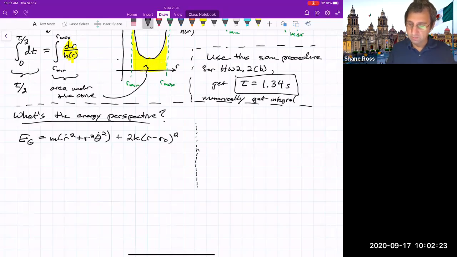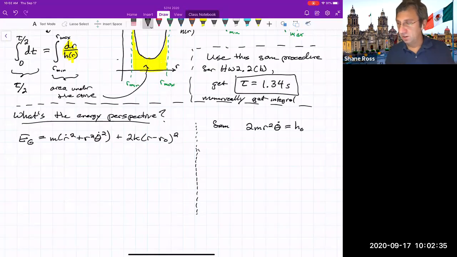I'm going to do something else over here on the right side of the screen. From the conservation of angular momentum, we had 2m r squared theta dot equals whatever the initial angular momentum was from initial conditions. We can rewrite this: theta dot equals h naught over 2m, just putting the parameters separately, times 1 over r squared.